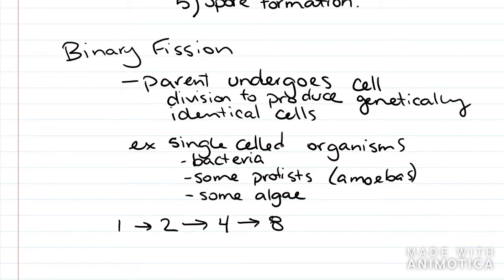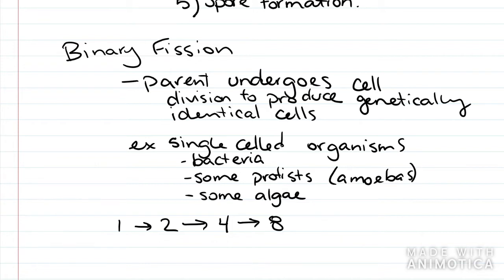So in just an hour, you've gone from a single bacteria to 8 bacteria. When you think of that over a course of 24 hours, that is going to be huge numbers. And this allows them to grow so quickly. But it only allows them to grow that way in ideal conditions.